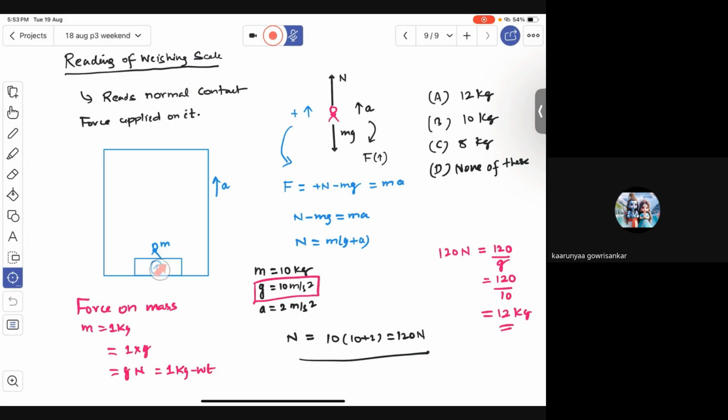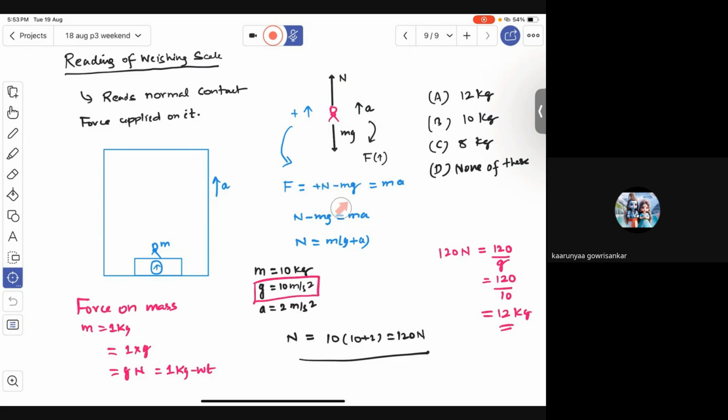So we have a person standing on a weighing scale, which is in a lift going up with an acceleration A, and we have to find the reading. We will draw the free body diagram: normal contact force upward, mg down. So net force must be upward. We will take upward as positive as the sign convention, because we know the resultant net force is in the upward direction only.